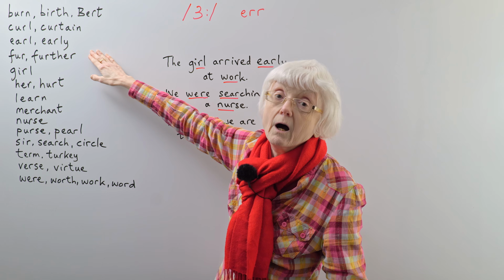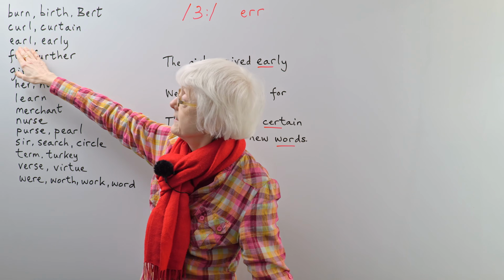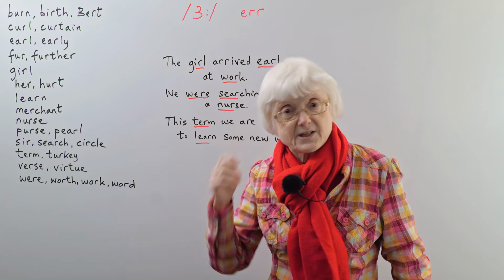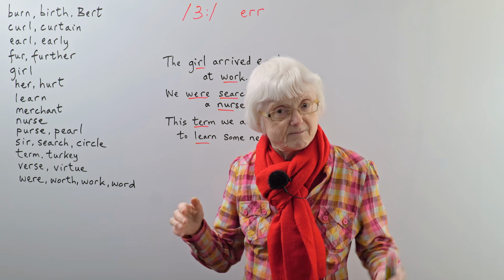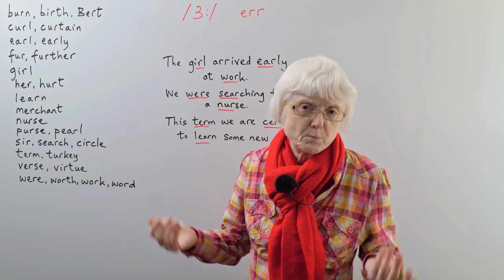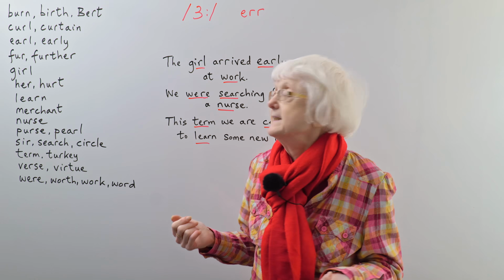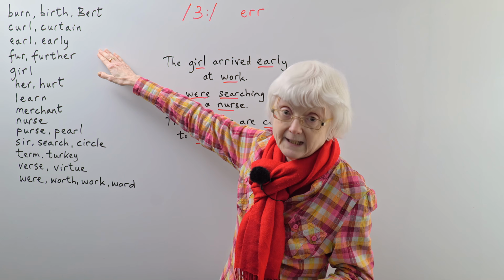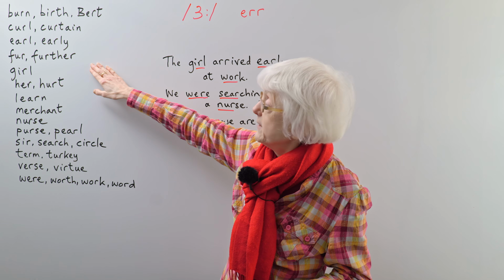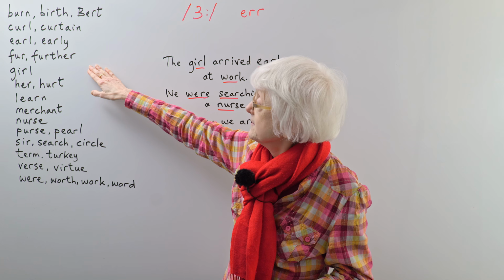Next line, earl, early. So an earl is an aristocrat in the UK social system, like a duke, a noble person, upper class person, an earl. Okay, earl and early. And then we have fur and further.